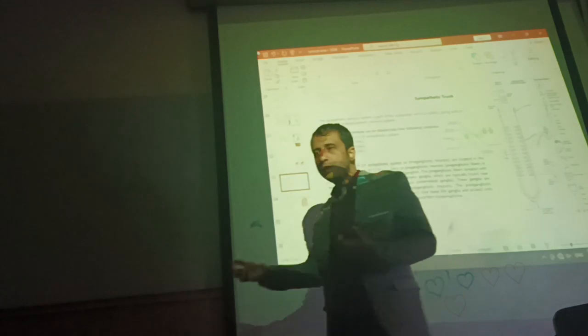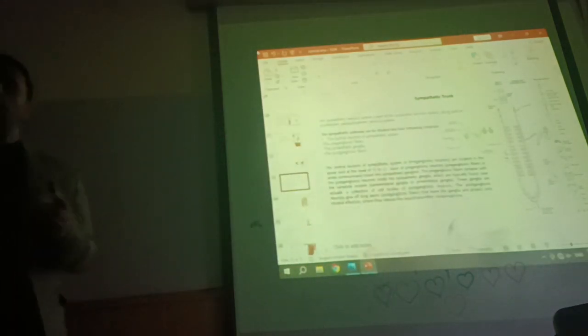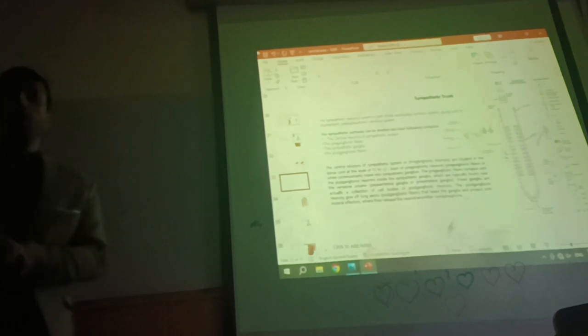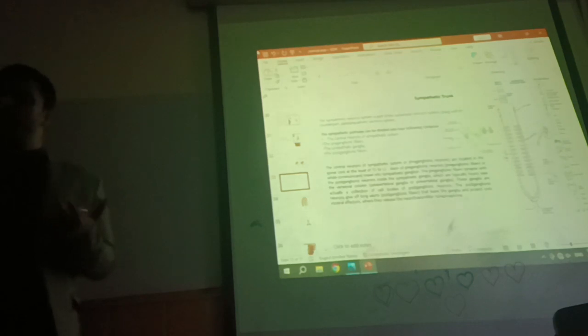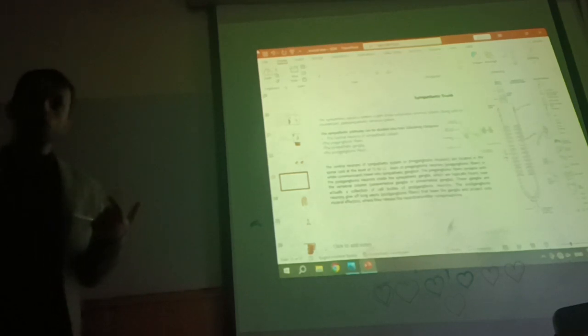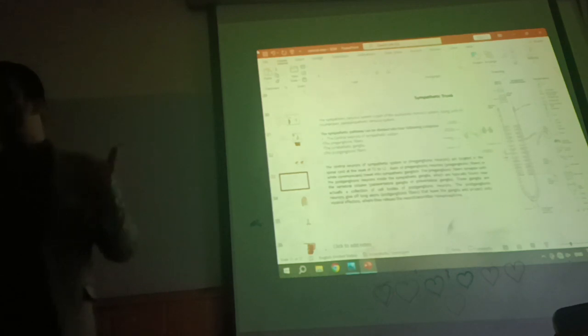The presynaptic neuron for the sympathetic fiber is located in the lateral horn of the spinal cord. The lateral horn of the spinal cord is seen in the spinal segments from T1 to L2.